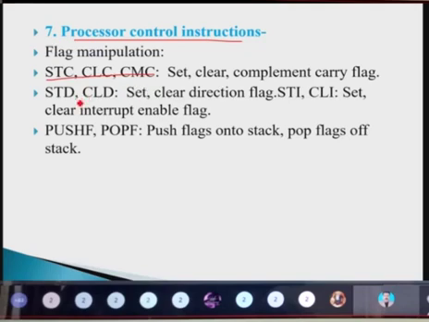And then STD, CLD for set or clear the direction flag. STI and CLI for set or clear the interrupt enable flag. Next, PUSHF and POPF. PUSHF means push flags onto the stack, and POPF pops flags off the stack. So these come under processor control instructions.